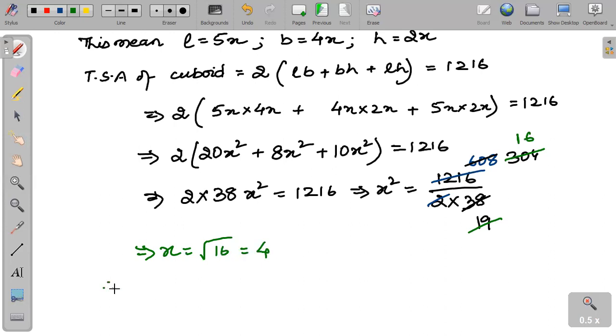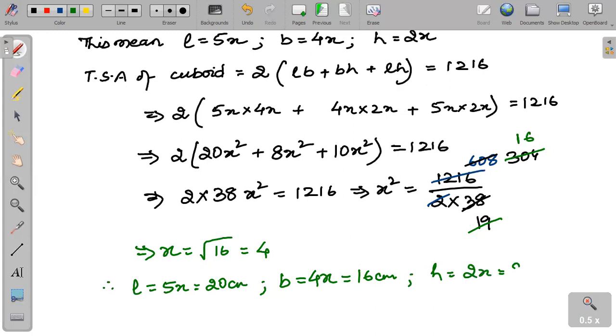Therefore L is equal to 5x is equal to 20 centimeter. B is equal to 4x is equal to 16 centimeter, and H is equal to 2x, that is 8 centimeter.